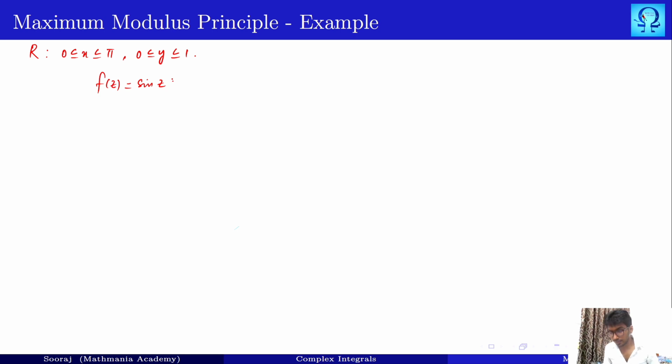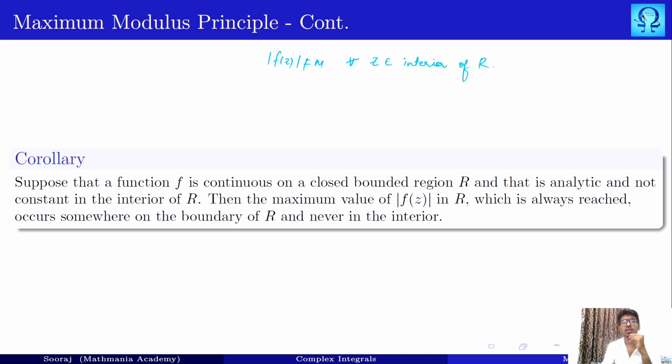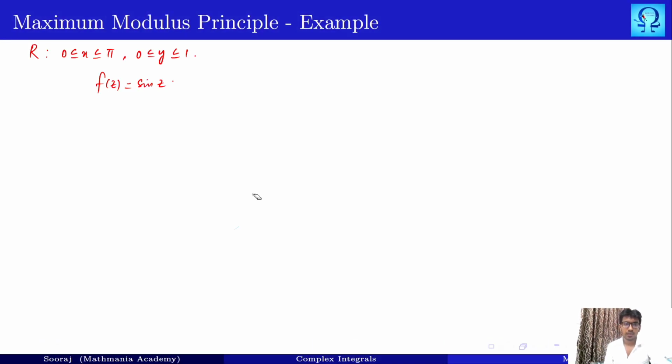You can just verify the principle that we have seen in the form of the corollary. What you have is mostly referred to as the maximum modulus principle by several authors. If you have a continuous analytic function defined on a closed region, then the maximum of that function occurs only on the boundary, not in the interior. That is the main idea that you have to remember about the maximum modulus principle.